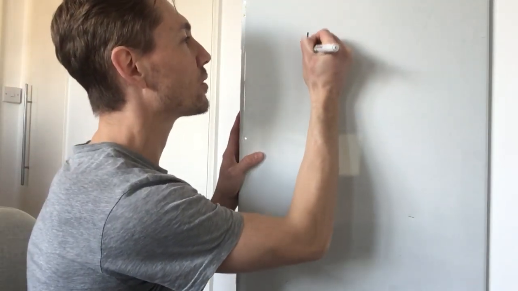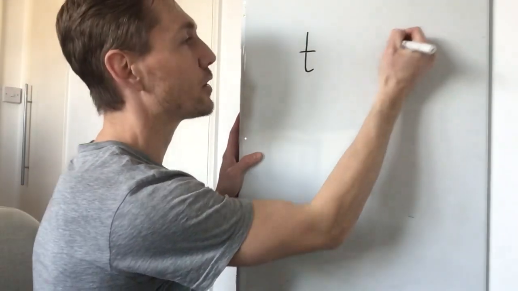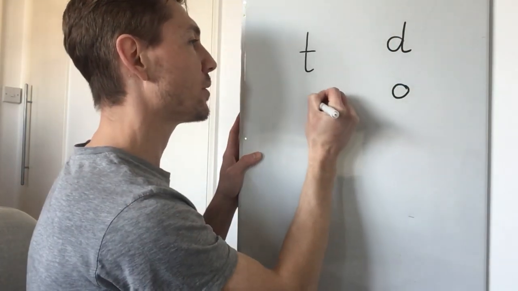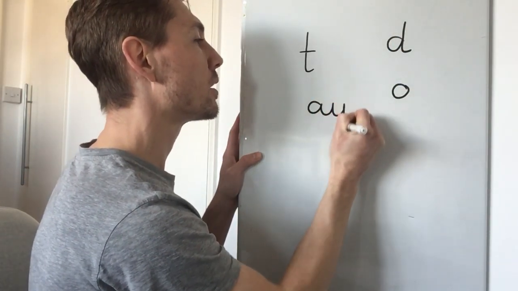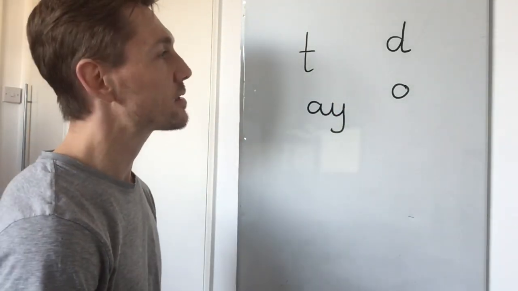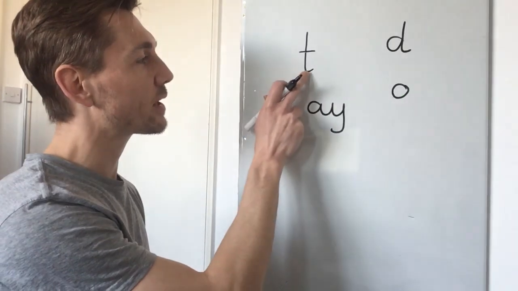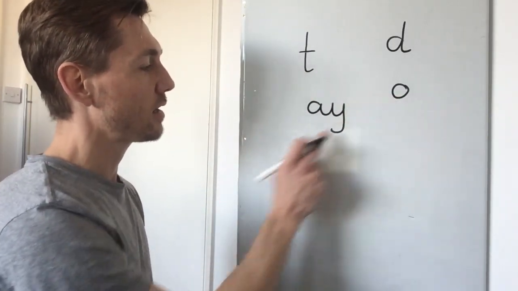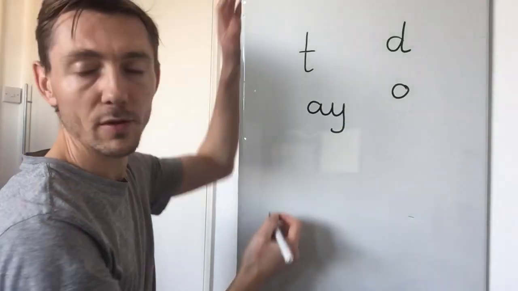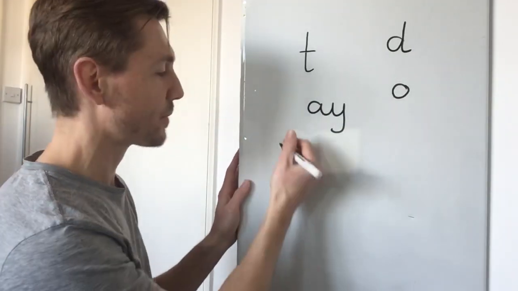These are all of the sounds, including an oo sound spelling, that we need to build the word today. So again, like before, we're going to build the word today using all of the sounds here, and we're just going to write on the top left of our piece of paper or our whiteboard.